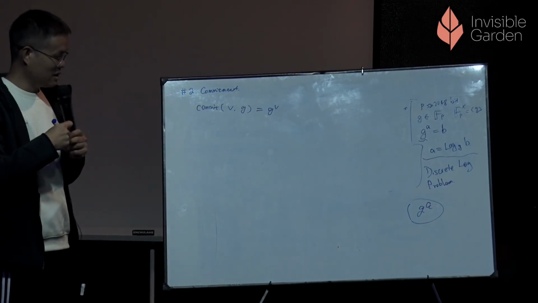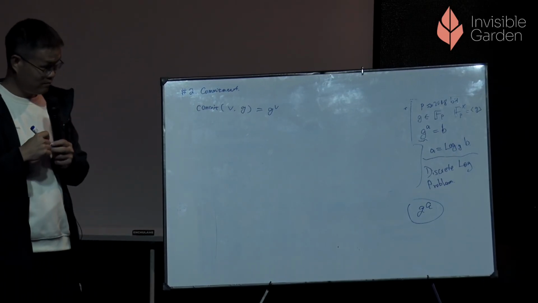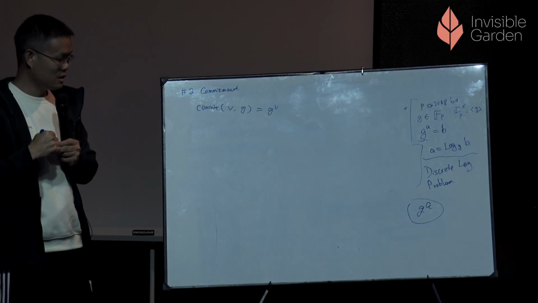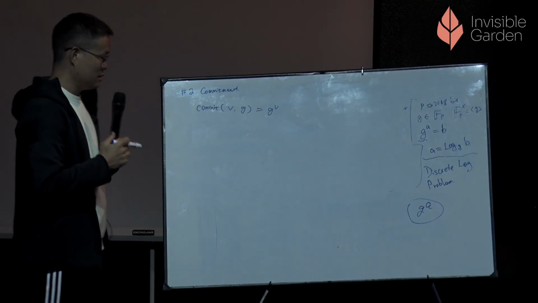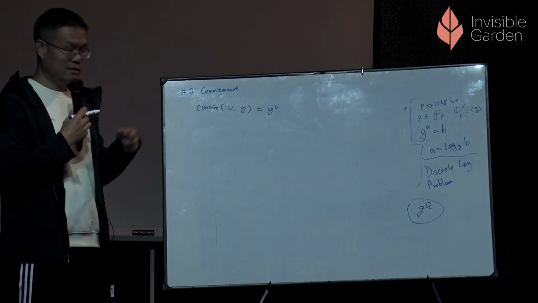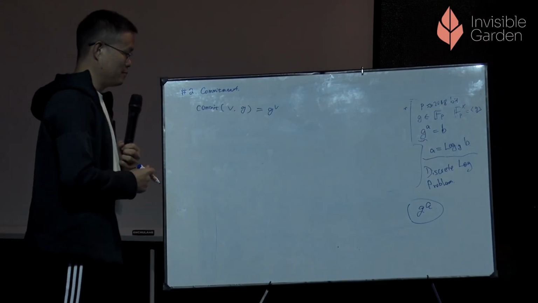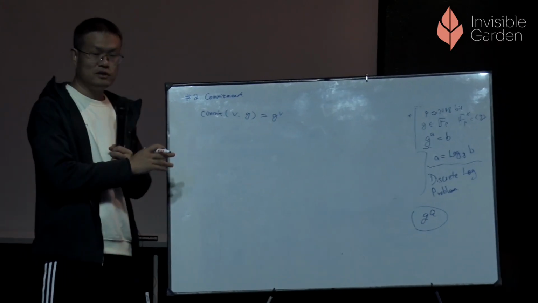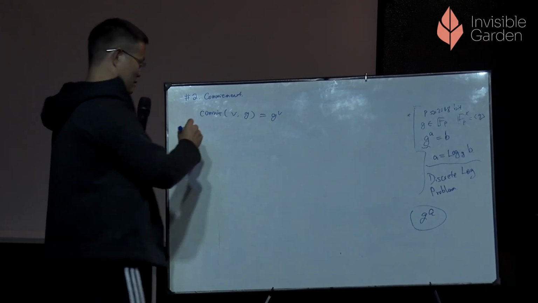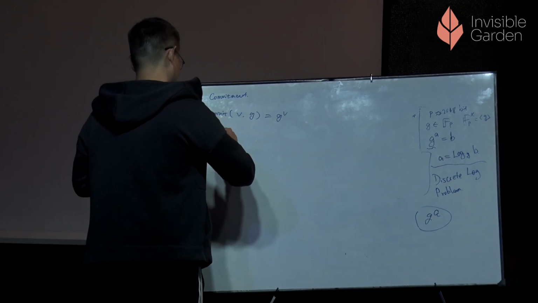Here we got this commitment operation. The commitment is a cryptographic tool, and we then have to prove something about it. Basically, it has two very important properties. The first one is called hiding.